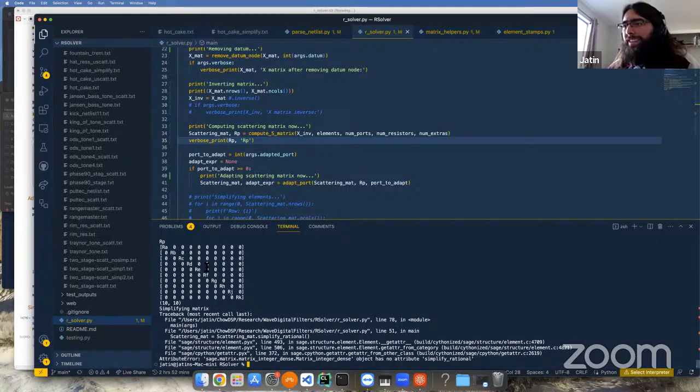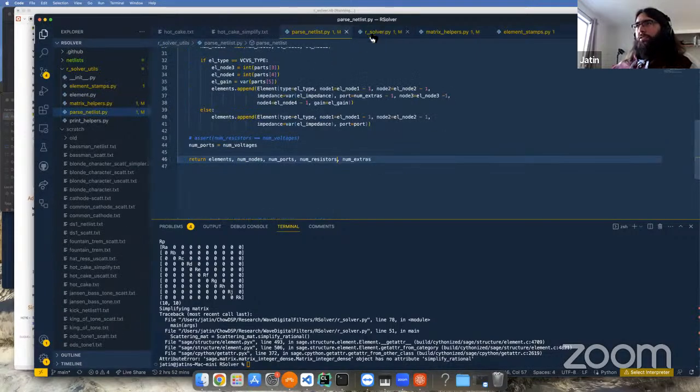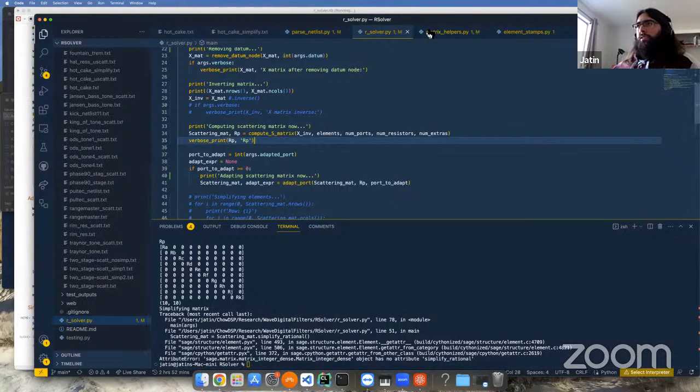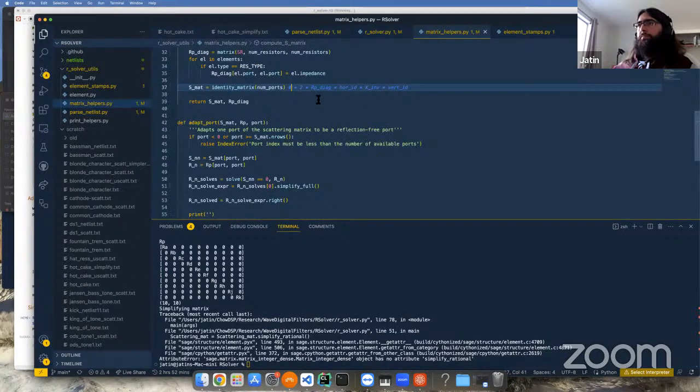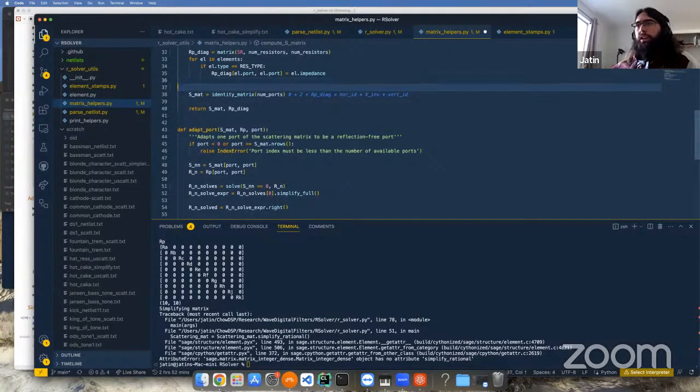Oh, and then I guess it doesn't like trying to simplify the matrix. I think it's just the identity matrix, so maybe Sage isn't happy about that, but that's interesting. So we're getting the RP matrix that we're expecting to have. But for some reason, when we try to do this matrix multiply, someone's not happy.